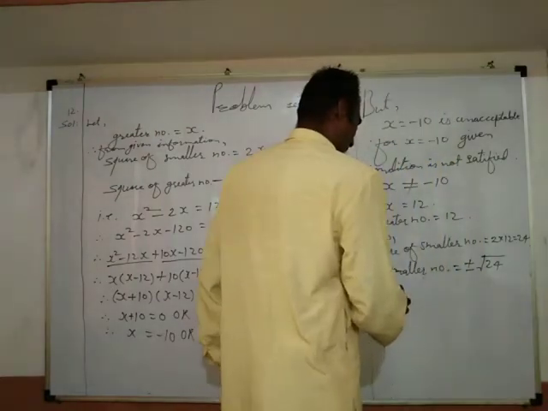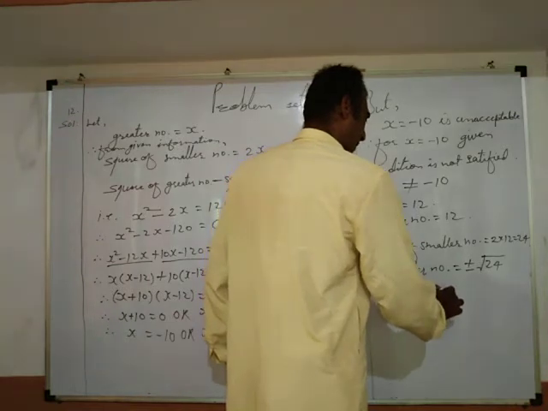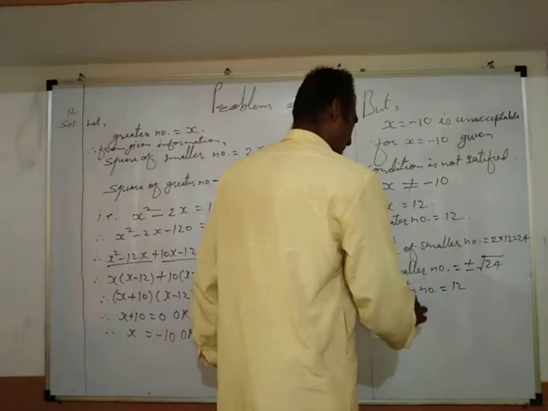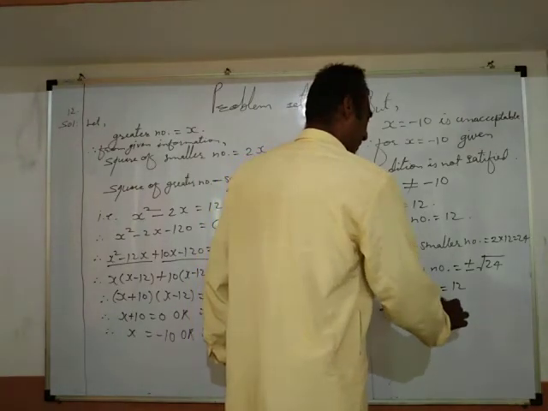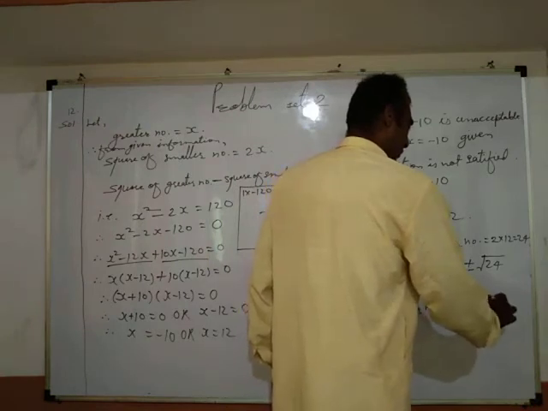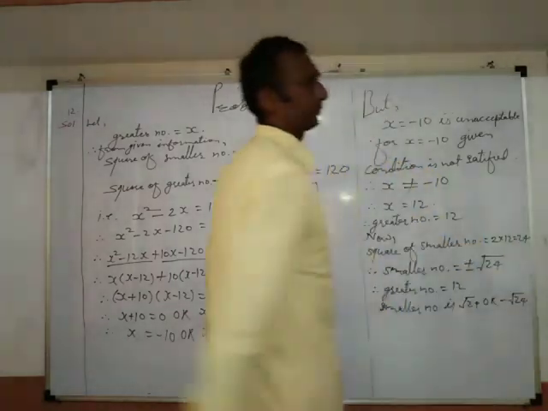Therefore greater number equals 12 and smaller number is either root 24 or minus root 24.